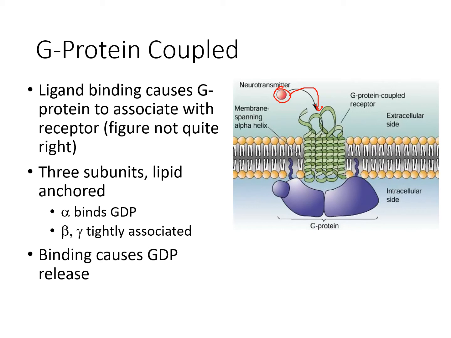This is because of the changes in the configuration of this area, and the binding causes GDP release. Over here, then they will have the ATP, and it will be converted to cAMP by the adenylate cyclase.